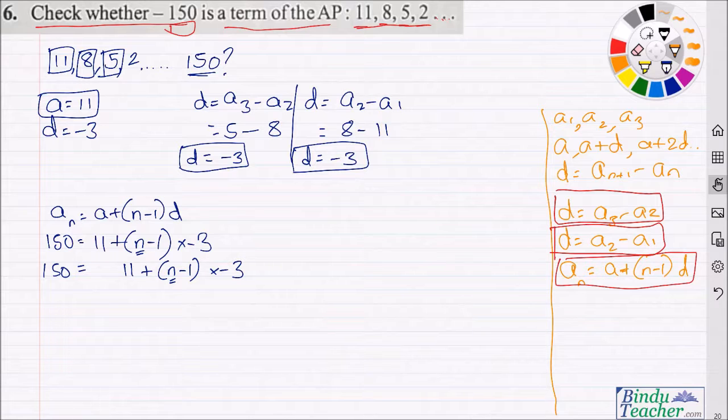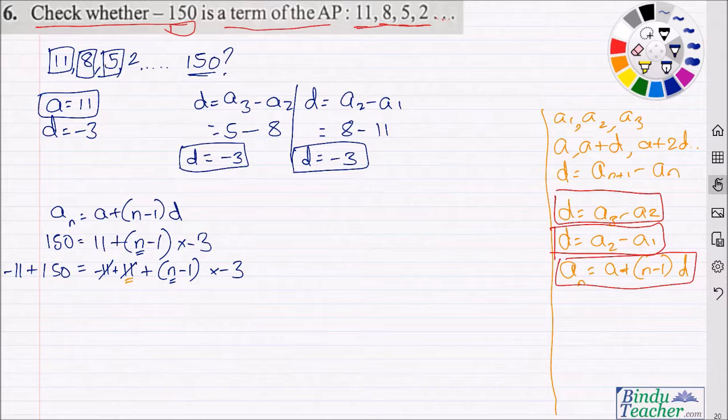How do we do that? We will first start by removing 11. This is plus 11 here. So what we'll do, we will add minus 11. And whatever we do on the right hand side should be repeated on the left hand side of the equation. So minus 11 and plus 11 will cancel out each other.